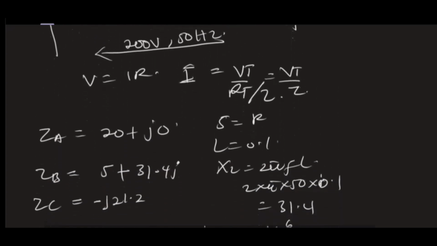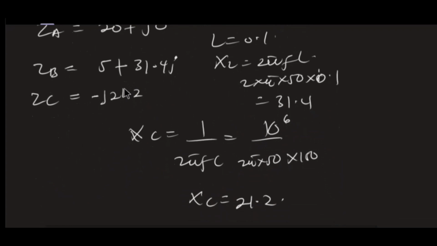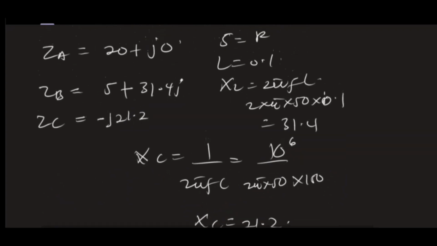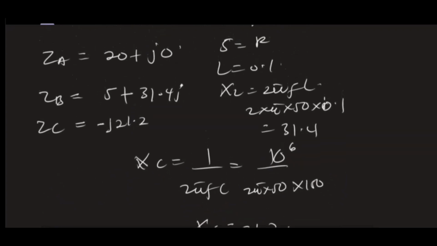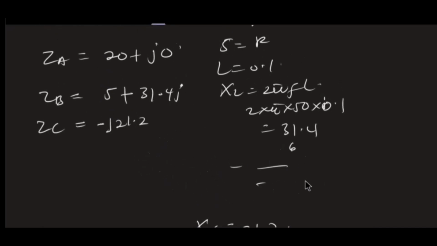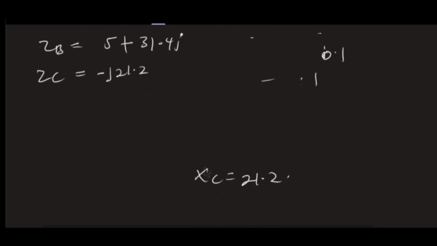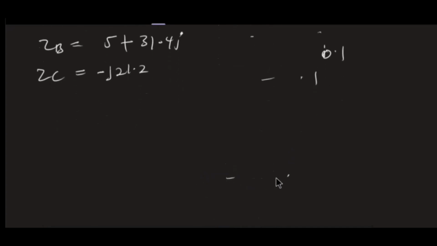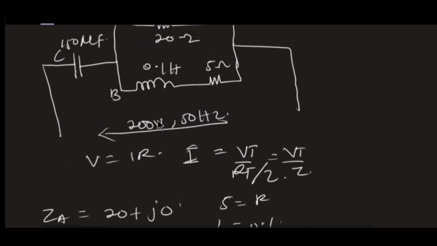So the next thing to do is to find my current by finding the effective impedances across each branch. So I found my impedances. Having the voltage source here, realize that the voltage source is across this whole thing.